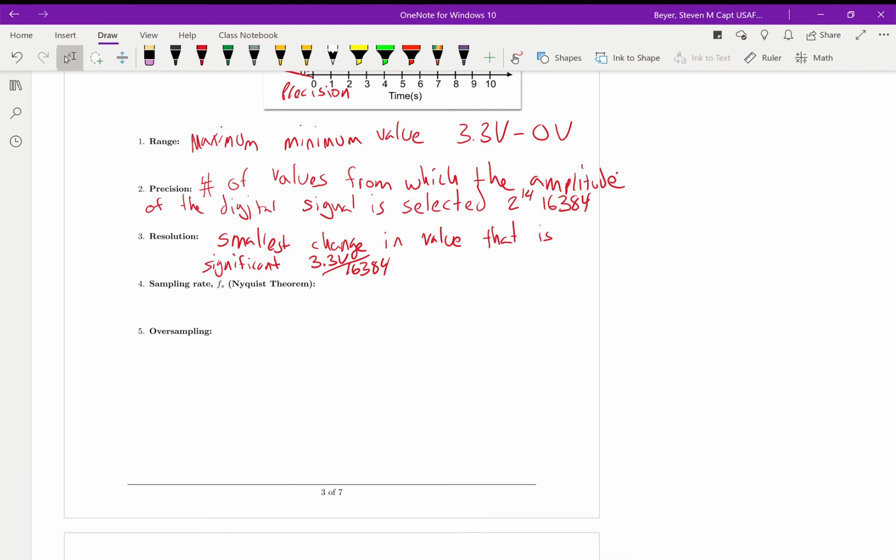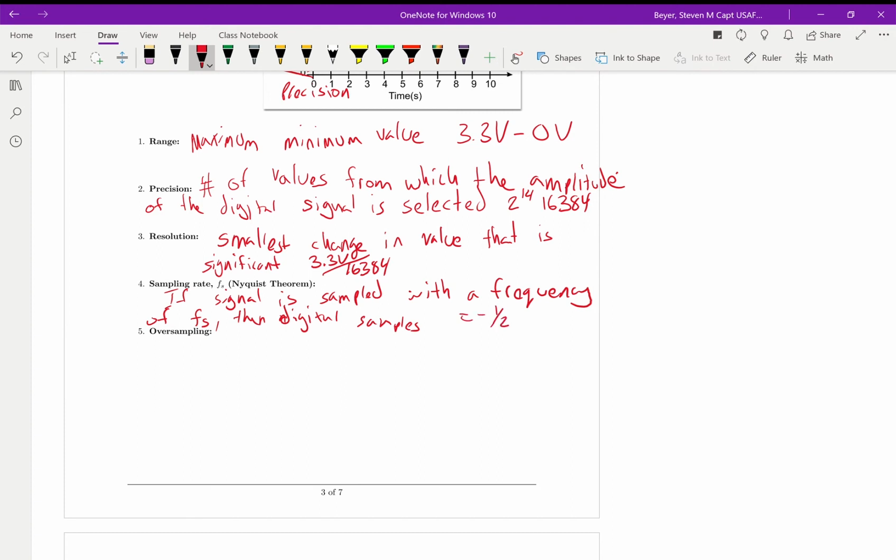All right. If the signal is sampled, and this is based off the actual sensor, f of s, then we can do a digital sample between 0 and 1/2 f of s.